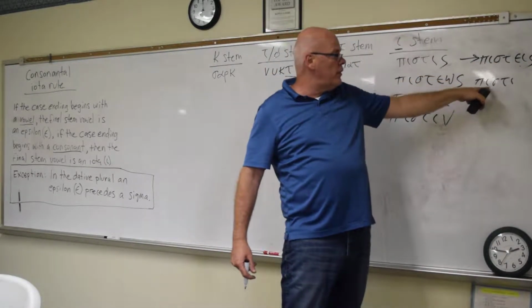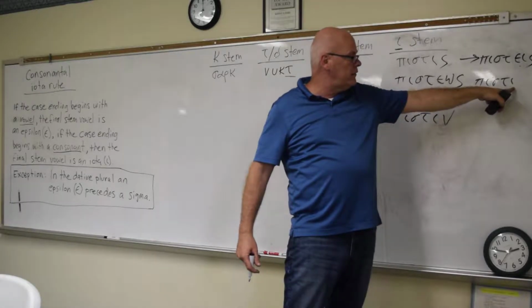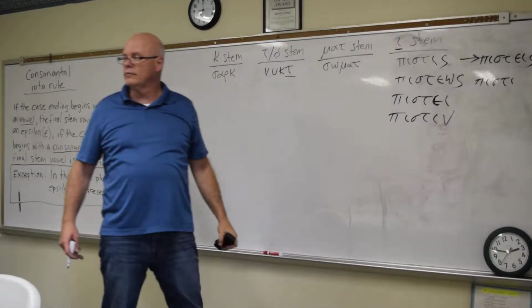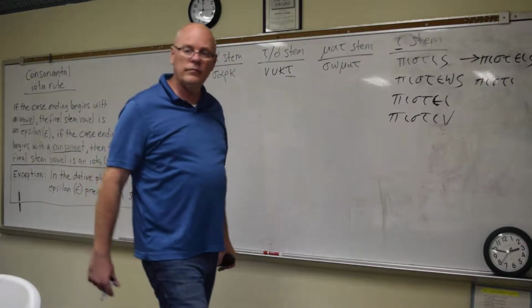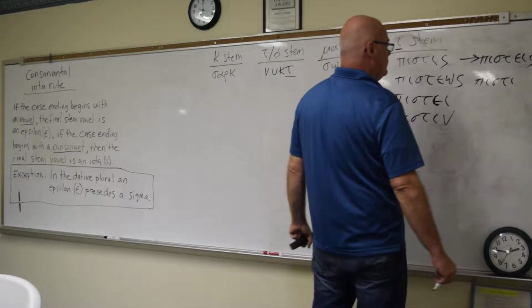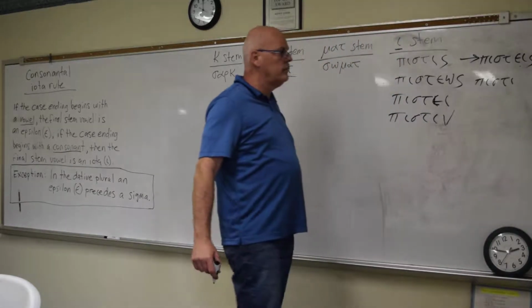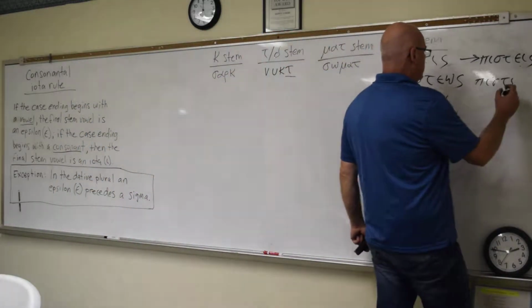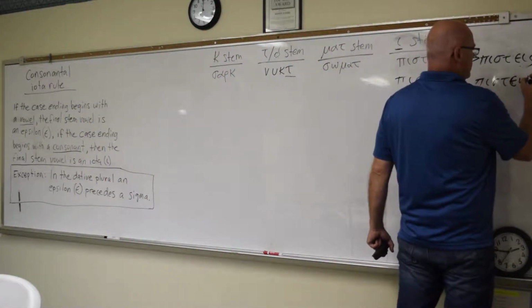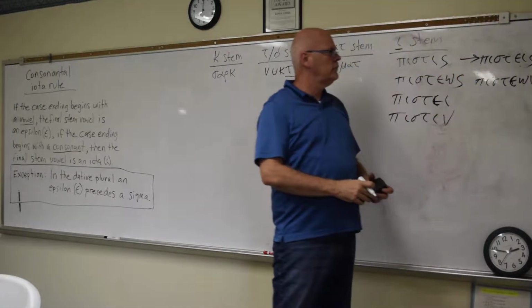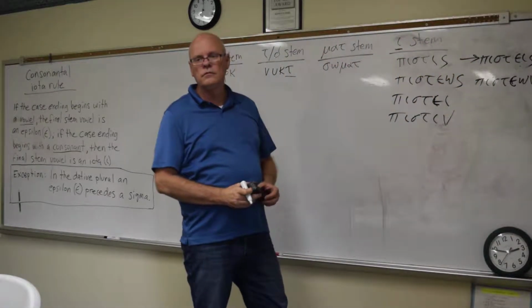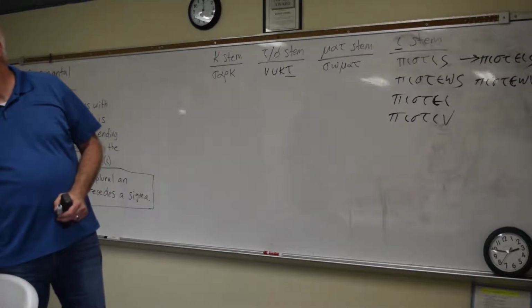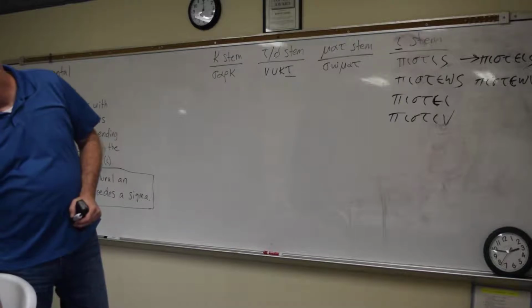Okay, so we got pisti, right? How do I make a genitive plural out of that? Look at your chart. You would do epsilon, take off the iota, make it into an epsilon, and then omicron is a vowel.